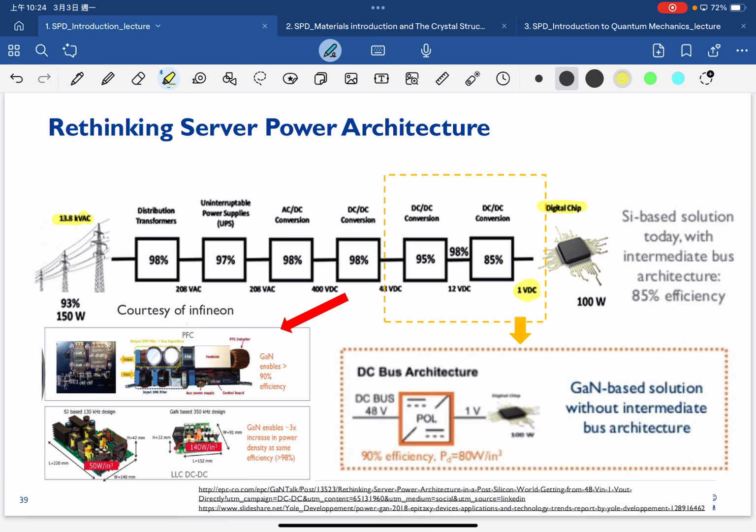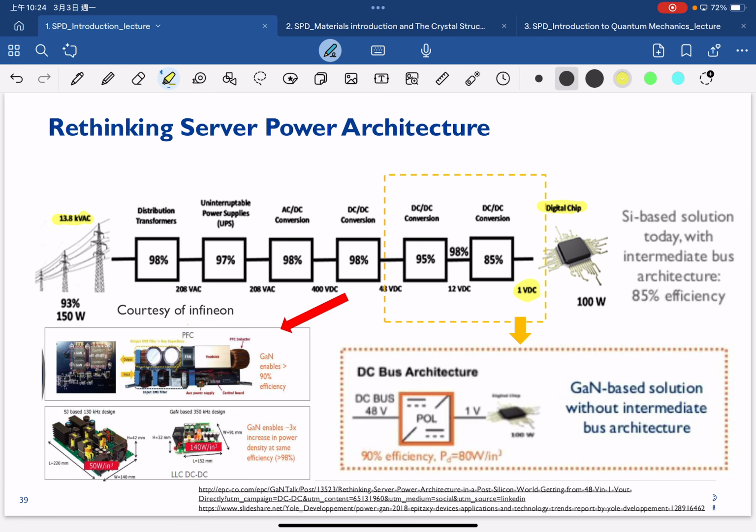But in reality, once we have a power supply from a power station through the high voltage transmission, actually there are so many power converters needed during this transmission.